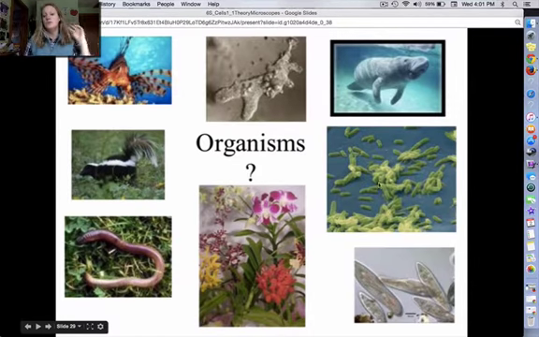So that would be unicellular because it's a cell, and we'll talk about bacteria and kind of what they look like, which is really cool. Here's that paramecium, unicellular. Here's a plant, many different. You can see it. It looks great, multicellular. The worm is also multicellular, and a skunk, multicellular.